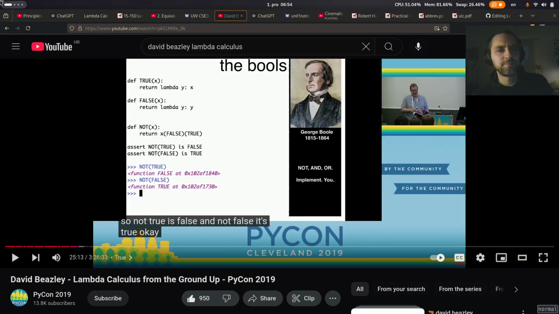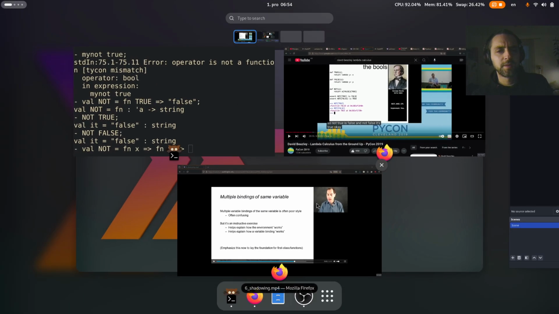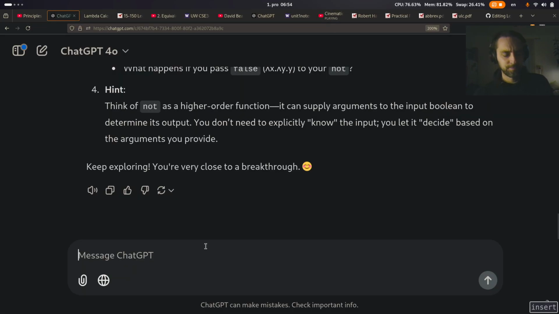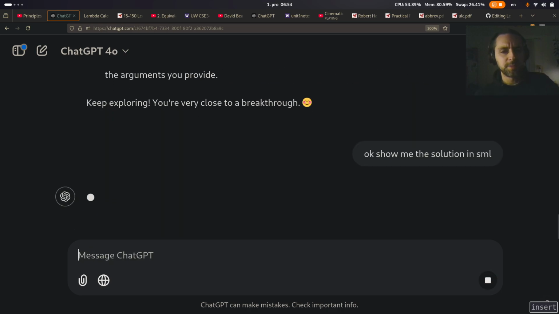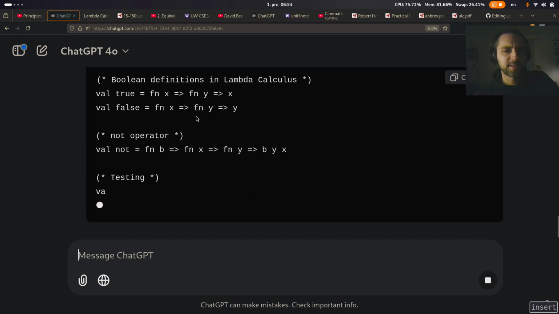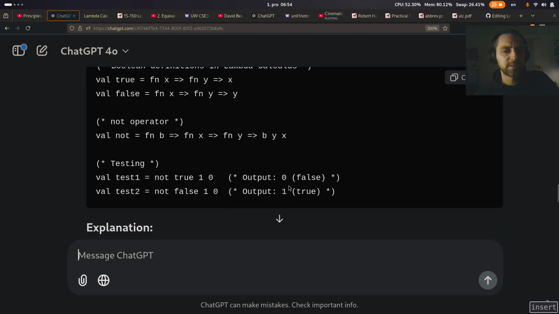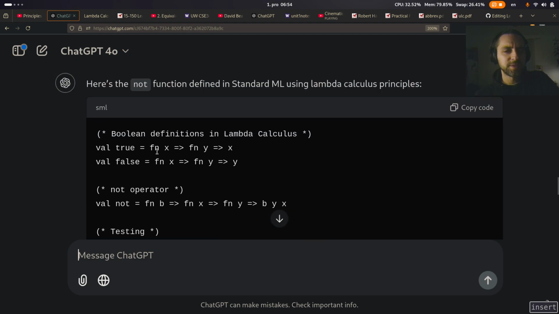Yeah, I have no idea. Okay, show me the solution in SML. But that's what I did. True and false, and not fn b, fn x, fn y, b y x. Oh yeah, I wouldn't know this actually. Interesting, it's not what he did.